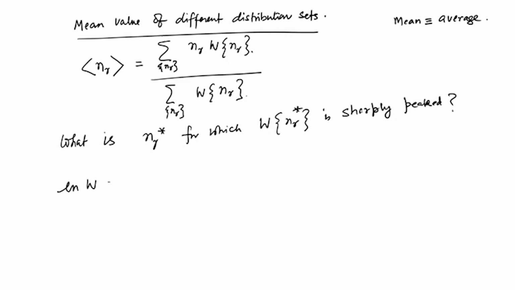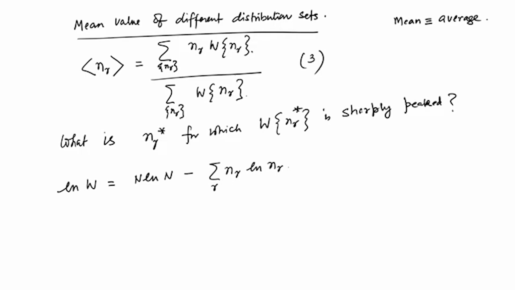And you will see that a bit of simplification is possible here, and what one gets is that log of W is equal to n log n minus the sum of N_R log of N_R, where R goes from 1 to n.